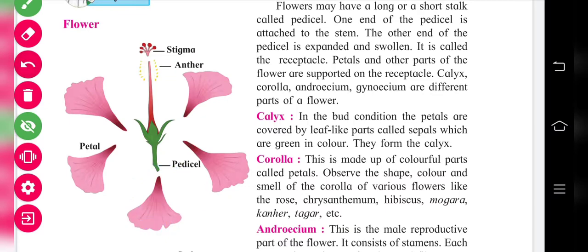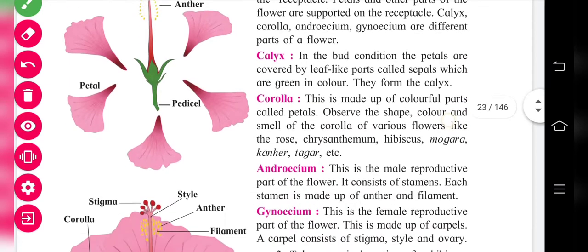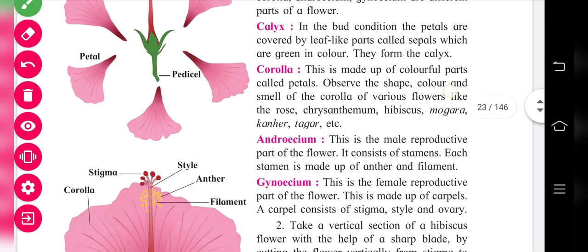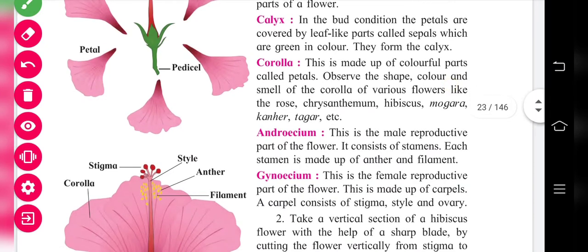Okay, so next part is the androecium. This is the male reproductive part of flowers. So androecium is the male reproductive part, and the flower is made up of stamens. Each stamen has an anther and filament.